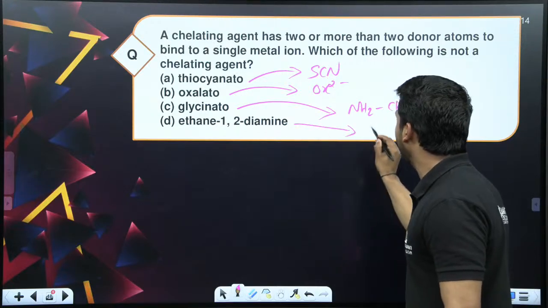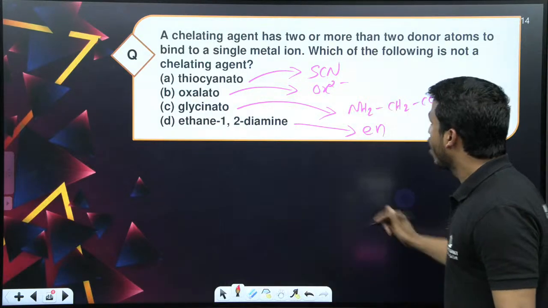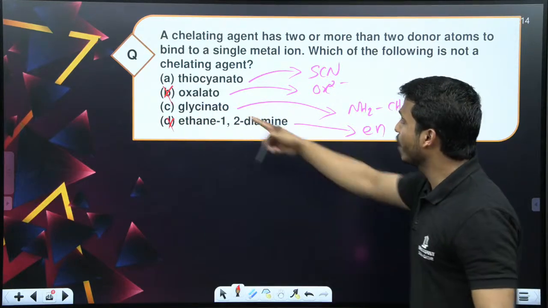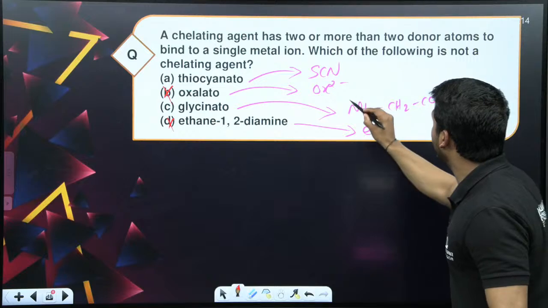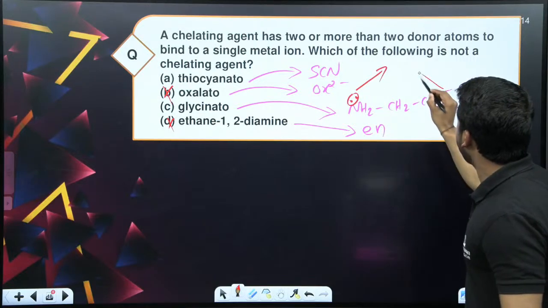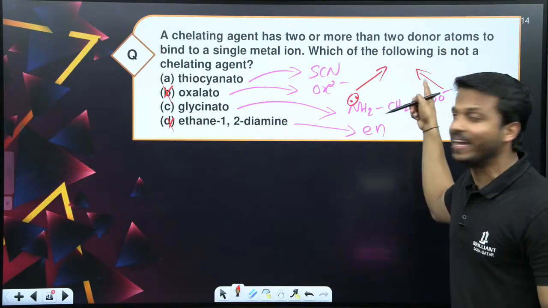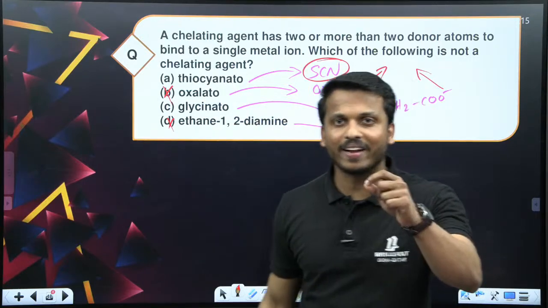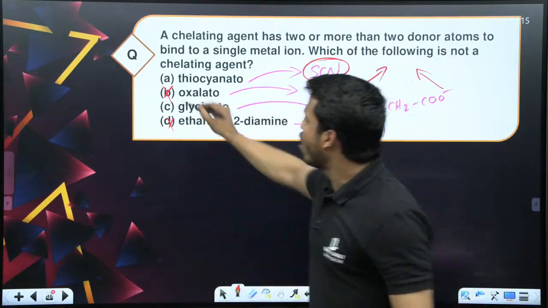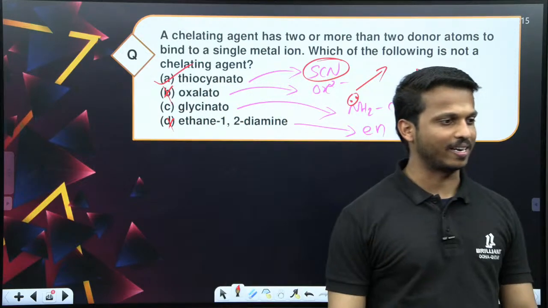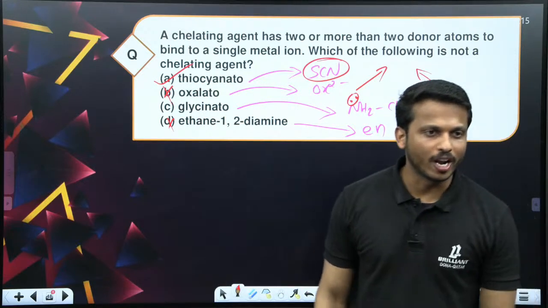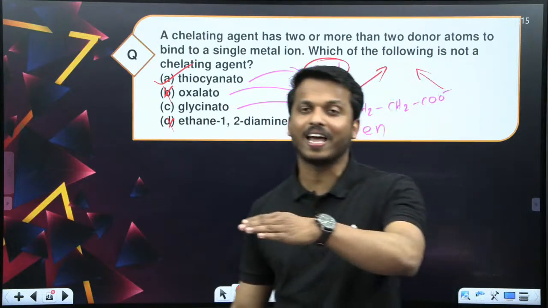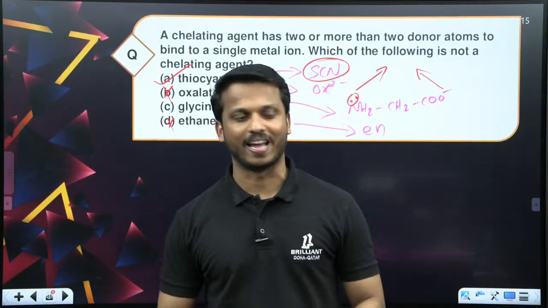And ethane 1,2-diamine is EN. You know that oxalate and EN are bidentate ligands. What about glycinato? This amine can donate, this oxygen can donate, so it is also a bidentate ligand. Thiocyanato, SCN, is an ambidentate ligand or a monodentate ligand. Option A is the correct answer. Not a chelating ligand means not a bidentate or polydentate ligand.